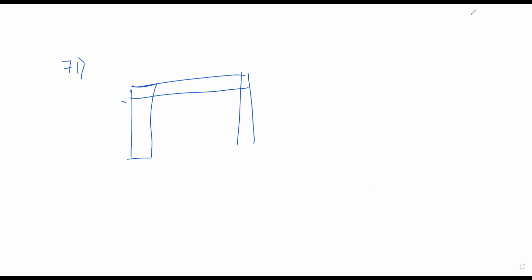So 71th we are solving. So for your understanding purpose, let us draw the rough diagram here. Let us assume this is the slab and displaced position is shown like this.